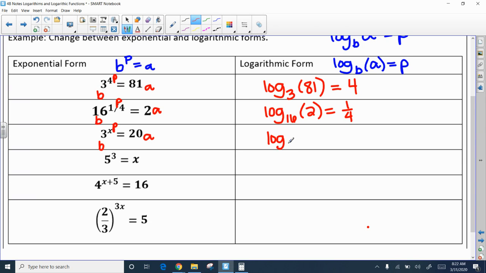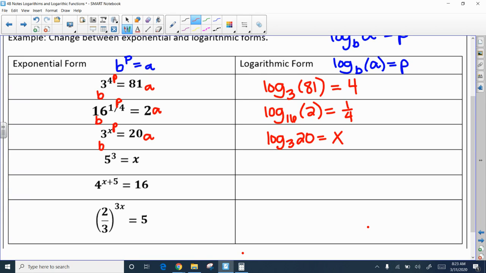That's going to be log base b, so base 3 of 20 equals p, so equals x. So this is the base, this is a, and this is x. So we're just filling those in, b, a, and p. Even if there's a variable, we can just fill it in the correct spot. Notice here I didn't write parentheses around 20. Like I said, you can see it either way.